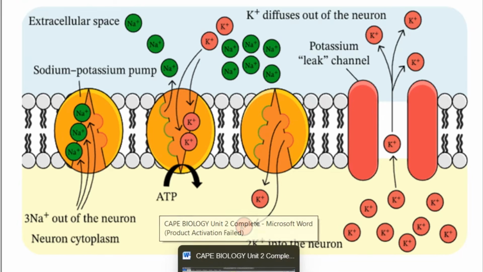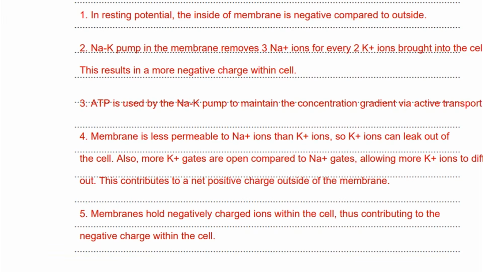So coming back here now, in resting potential, the inside of the membrane is negative compared to the outside. That's what we just established. The sodium-potassium pump in the membrane removes 3 sodium ions for every 2 potassium ions brought into the cell. So for every 3 that's leaving, 2 enters. This results in a more negative charge within the cell.